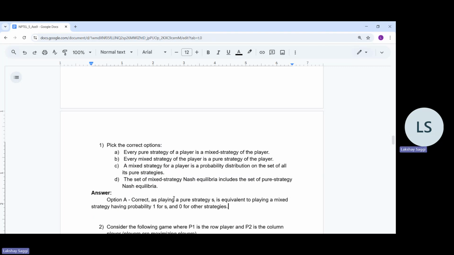And so a pure strategy can be thought of as a mixed strategy also. So option B, I'll just leave it to you guys to figure it out.